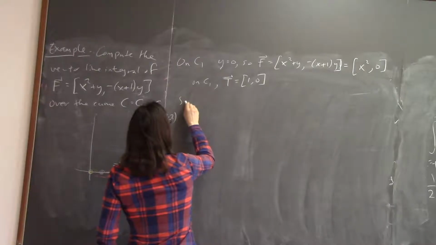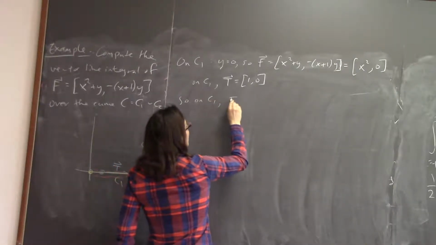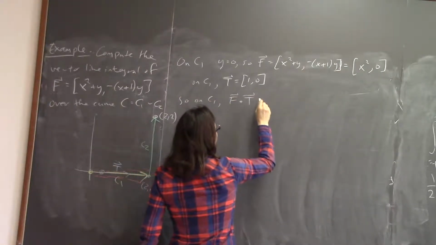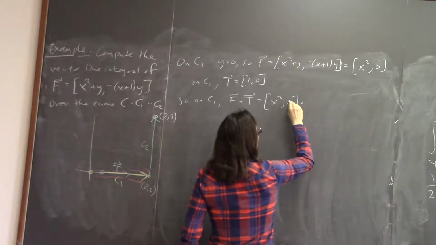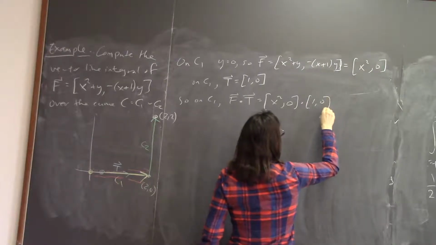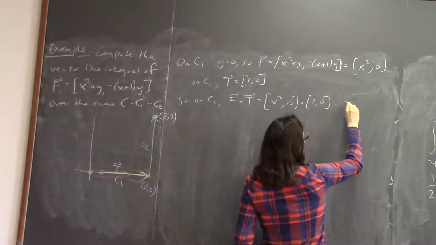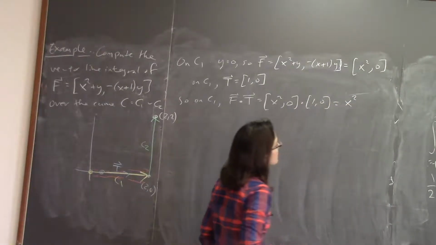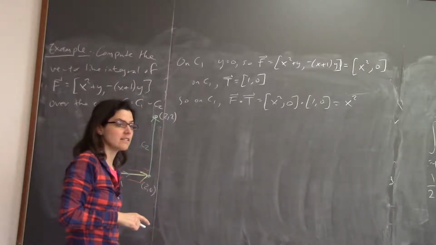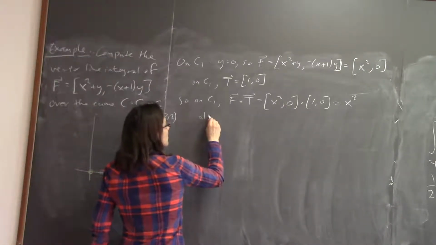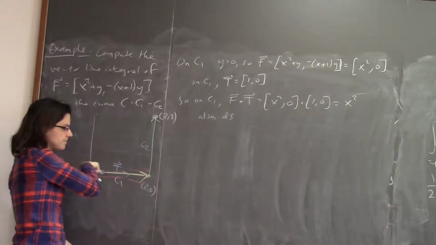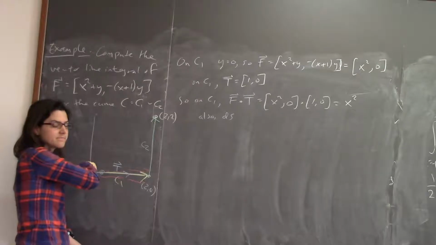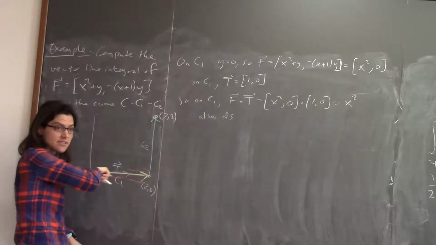So on C1, f dot t is x squared comma 0 dot 1 comma 0, which is x squared times 1 is x squared, plus 0 times 0 is 0. Also, ds is our little arc length amount. It's like dt or dx or dy.